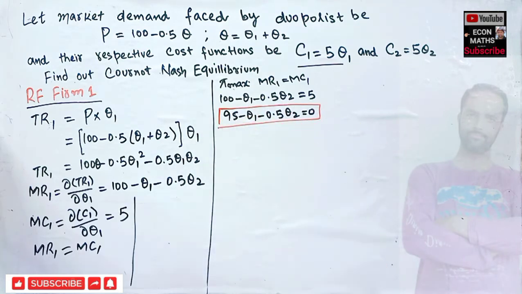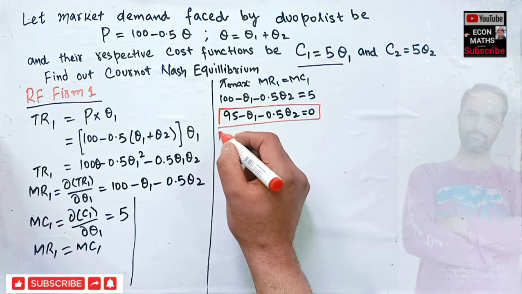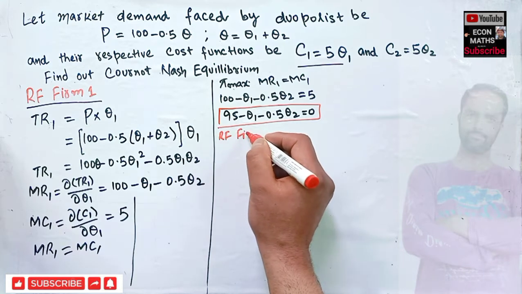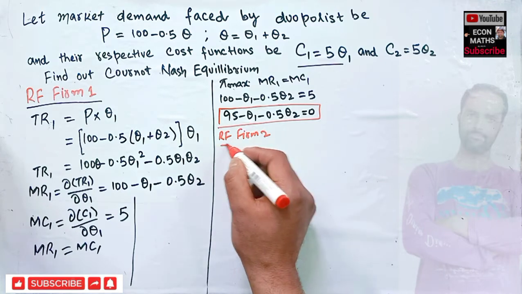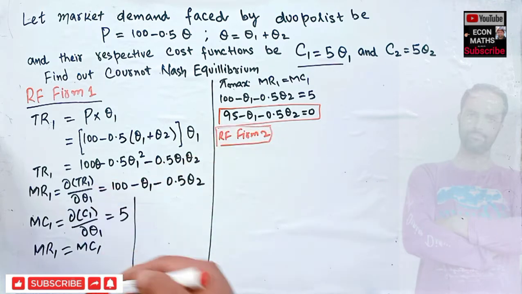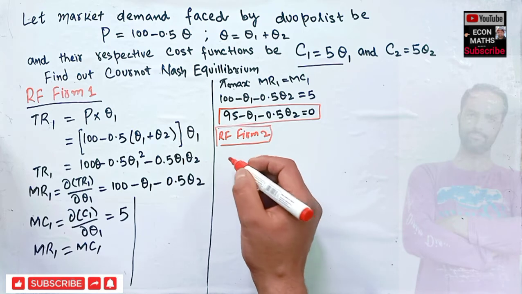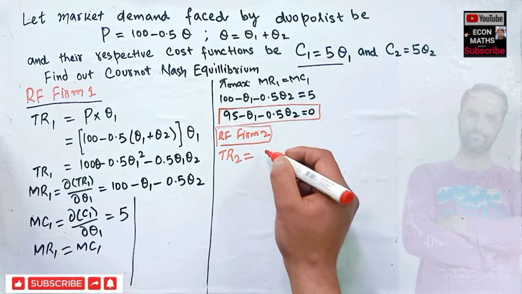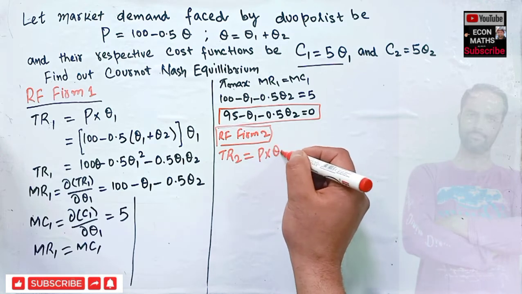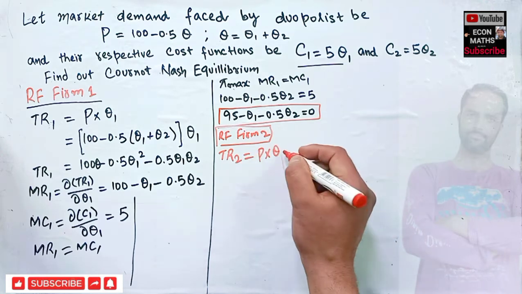Similarly, the reaction function for firm 2 can be derived using the very same logic which we used here. For that, first we need to find the total revenue for firm 2, that is price into quantity produced by firm 2, so Q2.